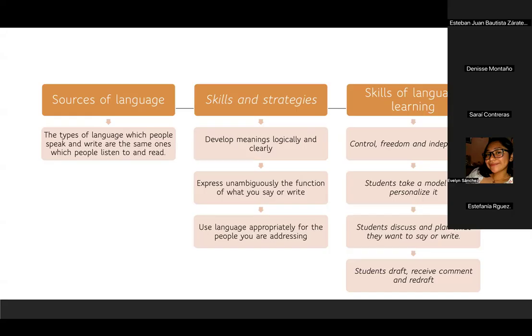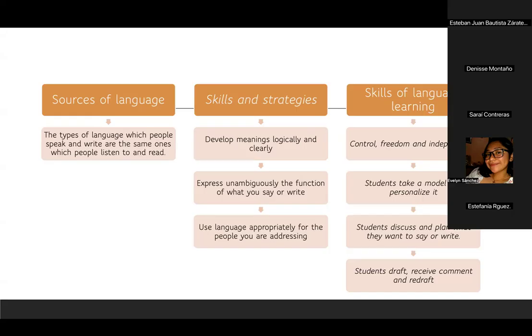Then, skills and strategies. Obviously, the purpose is that students achieve a sense of unambiguous expression. The idea is that students understand where the source of the lack of coherence and cohesion is, and why the speech they are producing is not really able to be understood by a native language speaker.